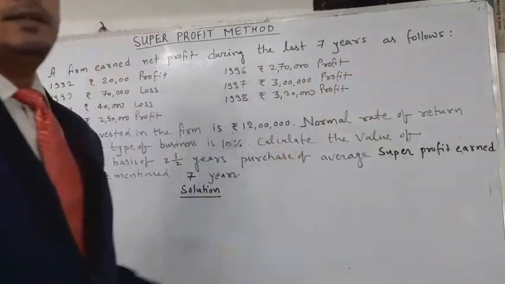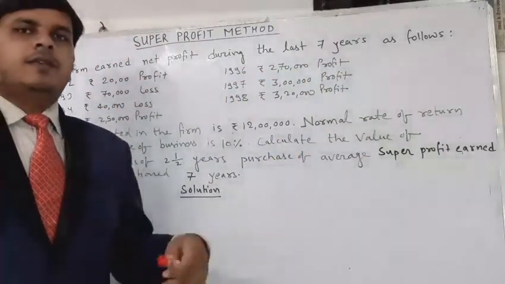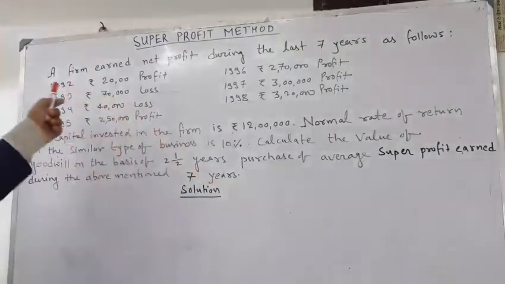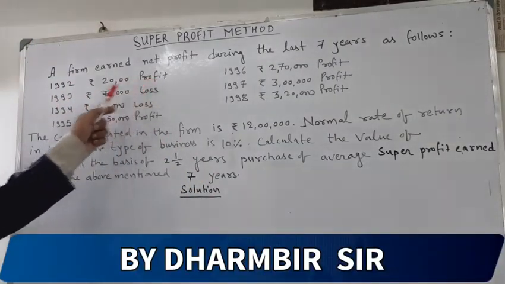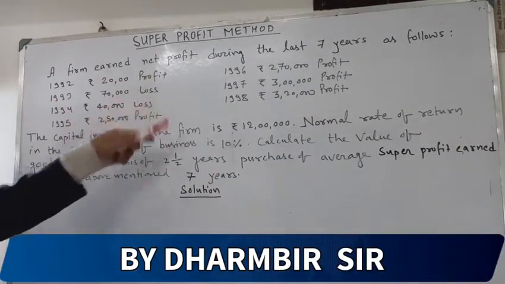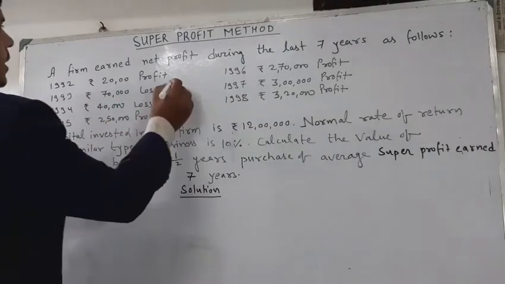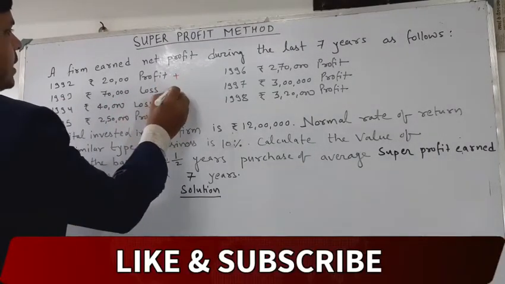In the last 7 years, the firm earned profit and loss also. 1982: 20,000 profit, 1983: 70,000 loss. Whenever profit is given, you will plus, and whenever loss is given, you will minus.